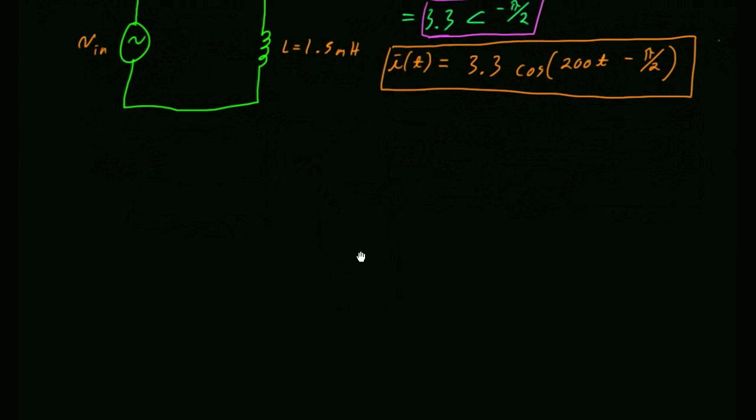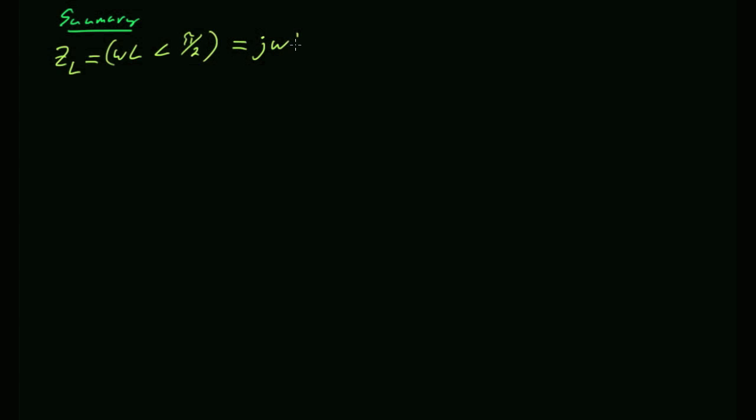So to summarize, the complex impedance of an inductor, you can either write in phasor notation as omega L angle pi over 2, or, as has been mentioned, you can equivalently write it as j omega L. Sometimes it'll be more convenient to write it one way or the other, and we'll do an example where it makes more sense to write it as a complex number as opposed to a phasor.